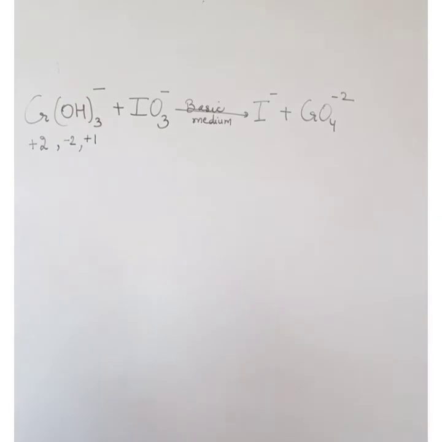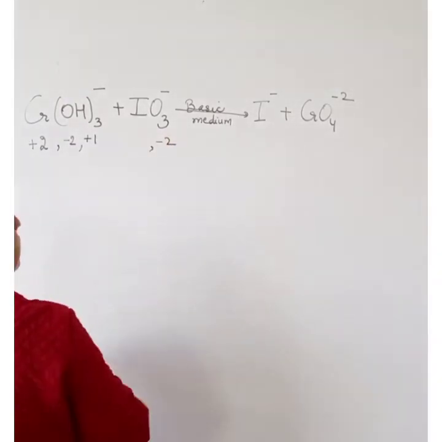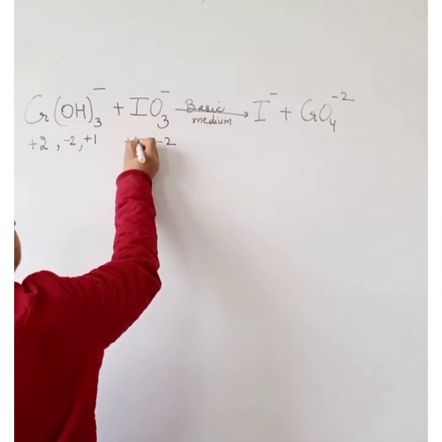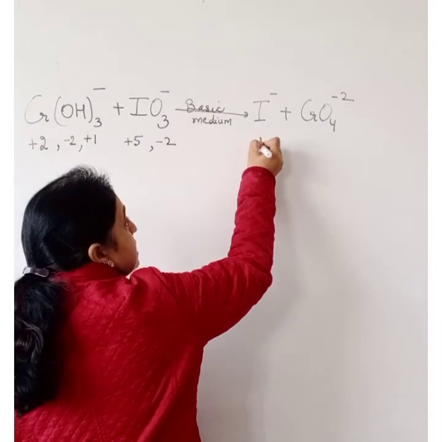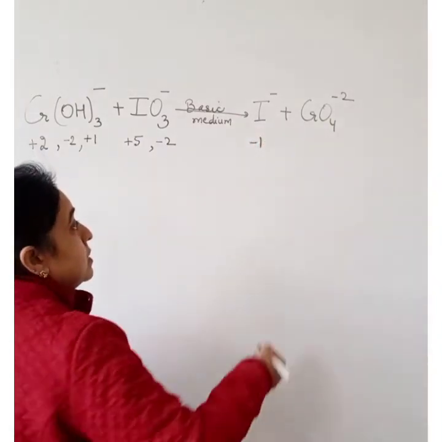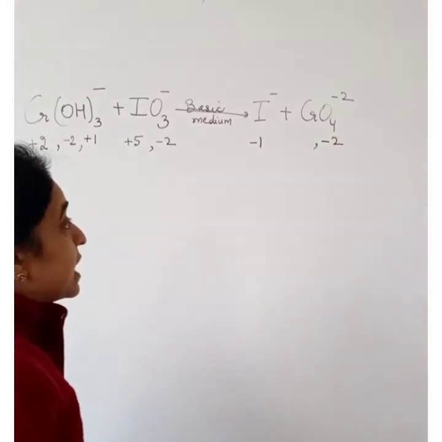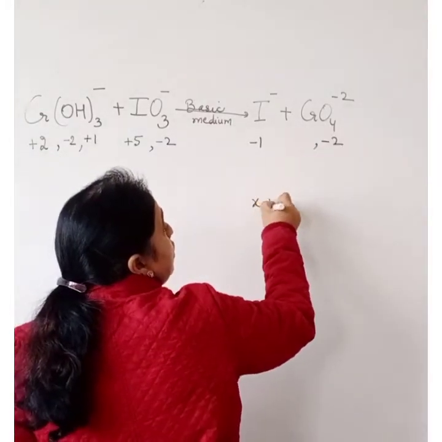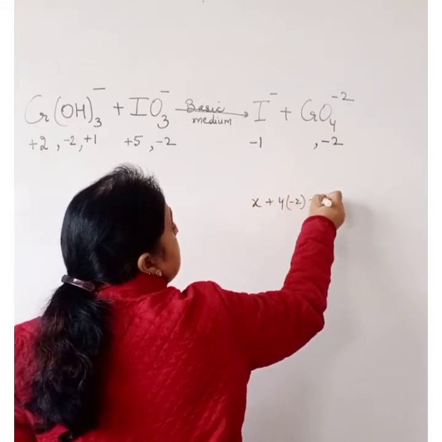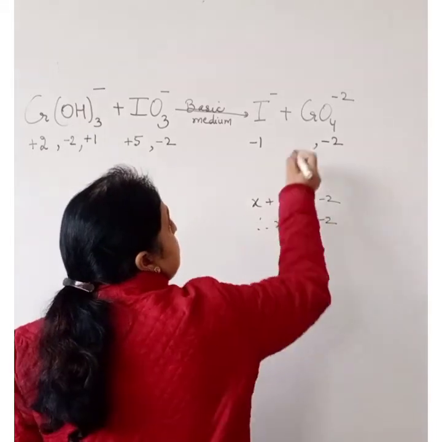Now, for IO3 minus, oxygen is minus 2. So, iodine is, you can calculate, plus 5. I minus, so minus 1 is the oxidation number. Here oxygen is minus 2, and for chromium we can calculate x plus 4 into minus 2 is equal to minus 2. Therefore, x minus 8 is equal to minus 2.